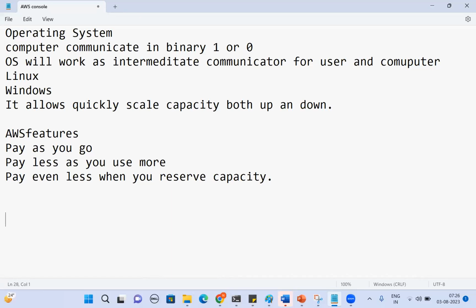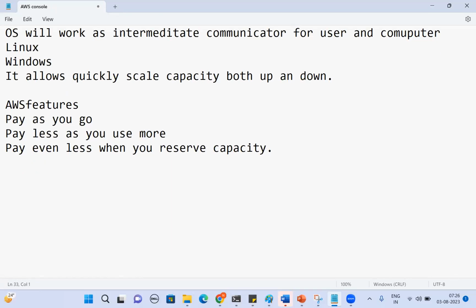We used to see various offers when you buy any product, like pay now, buy now, pay later, or pay in installments, right? In the same fashion, AWS also has some payment models. Pay as you go means you pay for the services you use. And you can do one more option, where you pay less and use more. That means an upfront cost, that is, in advance. If you pay the amount in advance, then you will be able to use more. Suppose there is one EC2 service that costs around $20 a year.